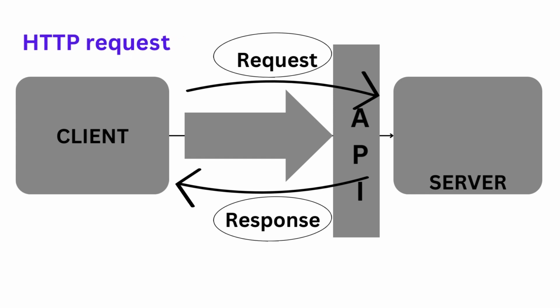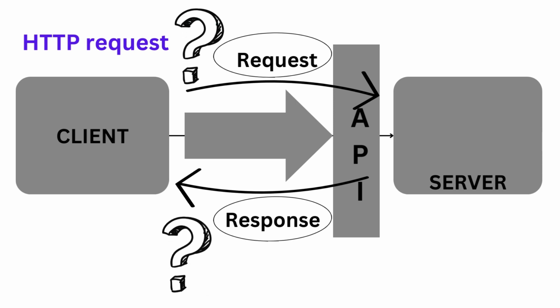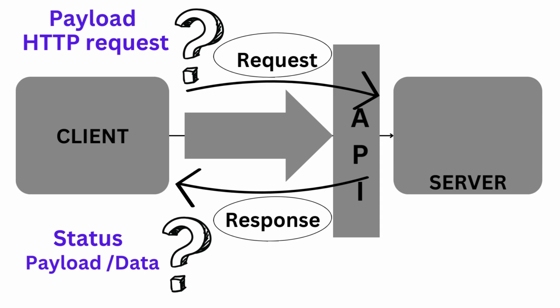How many types of requests are there, and what do we receive in response? In response, we get not only the status, but also data, commonly referred to as payload. Along with the request, additional information is sent, known as payload. Now, let's explore the various types of HTTP requests, and we'll discuss that in the next slide.